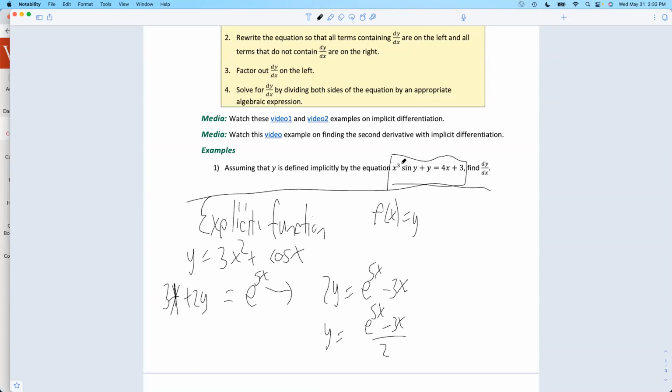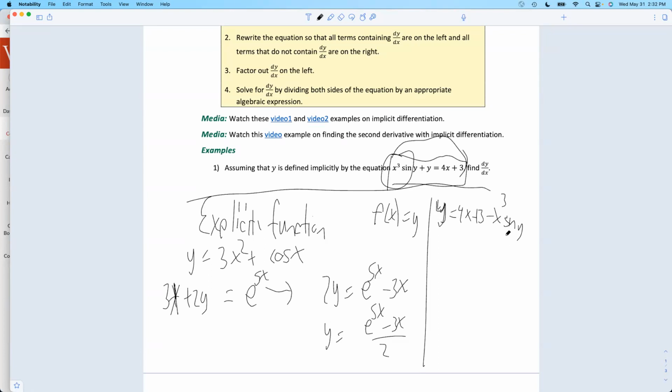Even if you think, oh, I'll just move that to the other side, I've still got y's on both sides. It's impossible to get that y out of the sine and write y equals just a function of x.